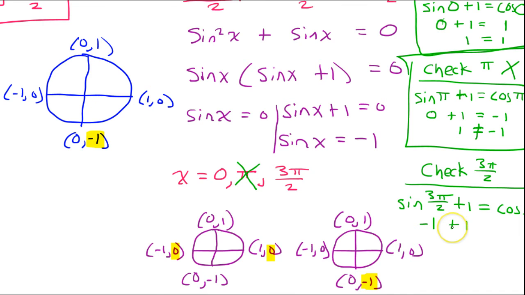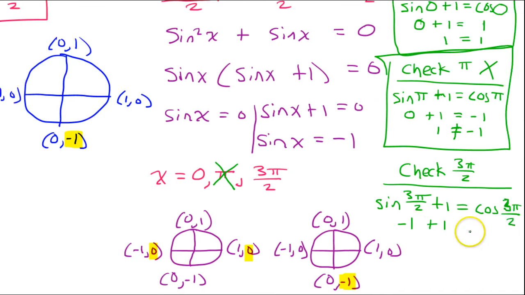So I have -1 plus 1. And then I've got the cosine of 3 pi over 2. Well, the cosine is the x value, and that is 0. And, well, what do you know? -1 plus 1, that is 0. So I get 0 equals 0. So that checks out fine.